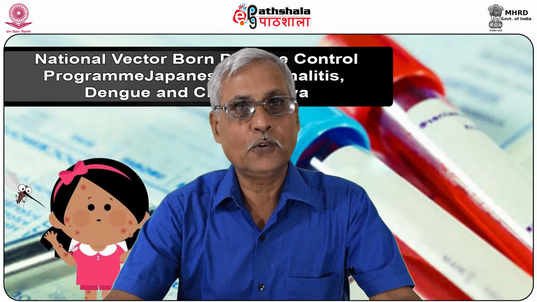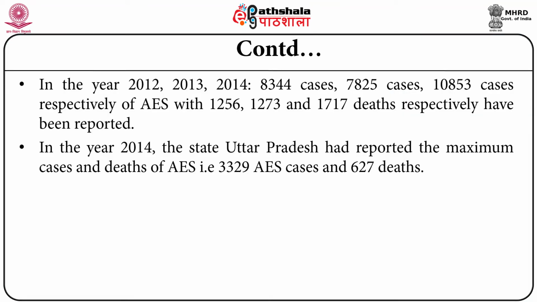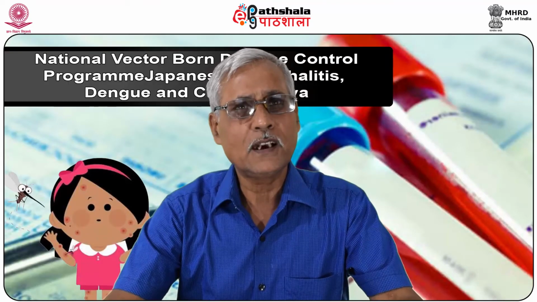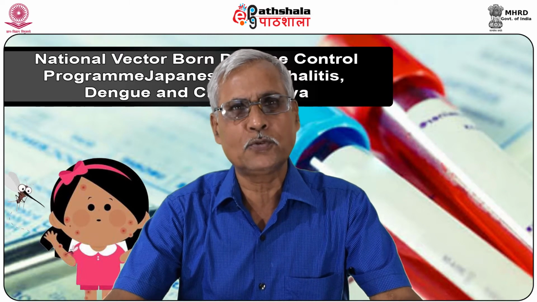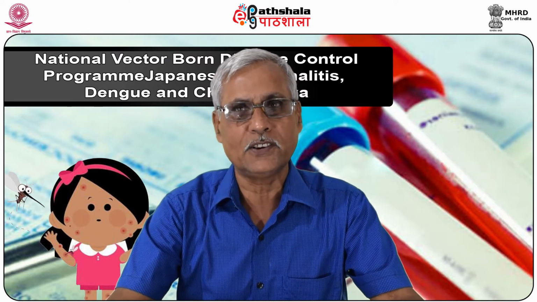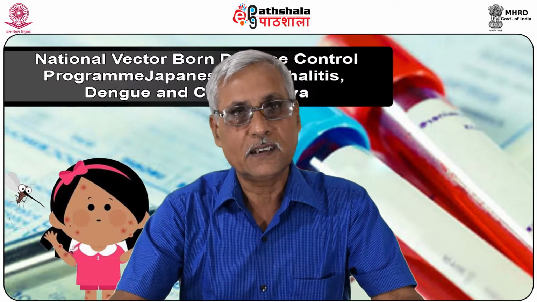In the year 2014, the state of Uttar Pradesh reported the maximum cases and deaths of AES, 3,329 AES cases and 627 deaths. Till 30th April 2015, a total of 782 AES cases and 78 deaths were reported in the country.